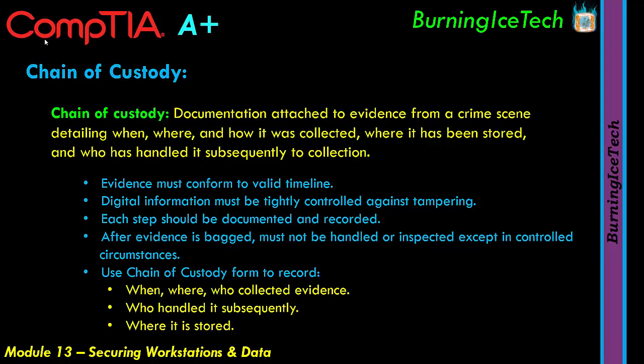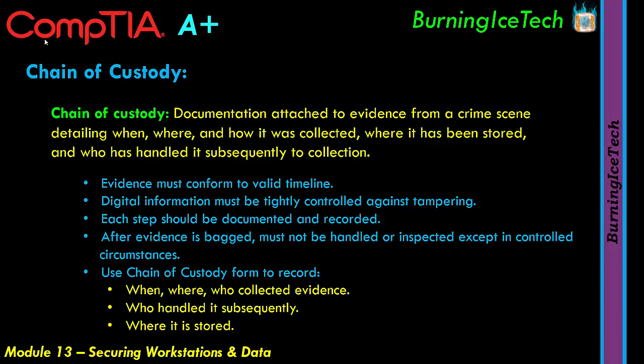And if the chain of custody is broken, the evidence is not usable in a court of law. Even if we know 100% that person is guilty, it might be obvious, everybody might know the person is guilty, but if the chain of custody has been broken, the evidence cannot be used in a court of law. So it's absolutely crucial that you store, transport, and collect the evidence by proper means.